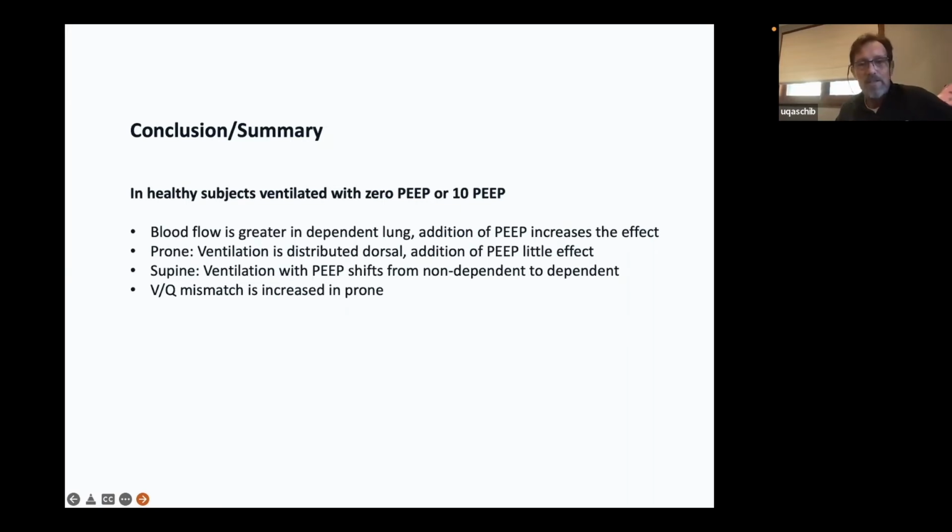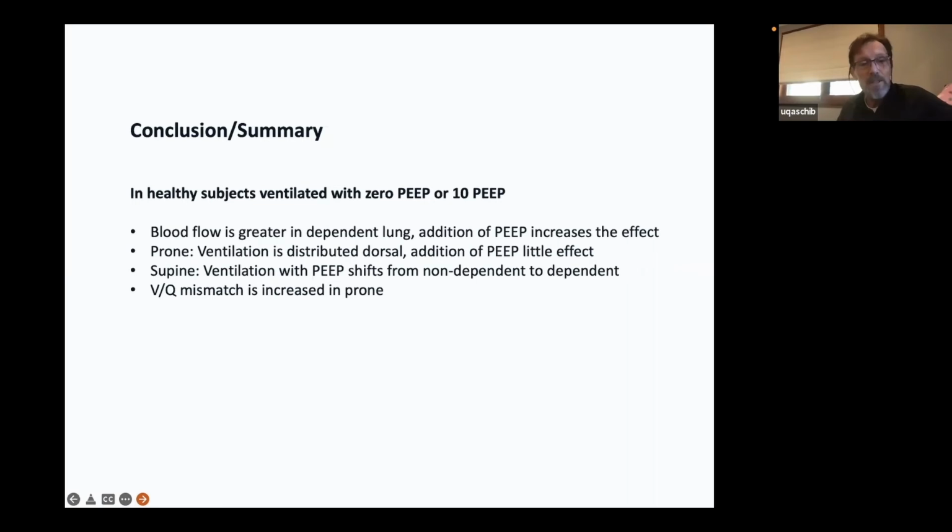Prone ventilation is distributed dorsal. When we have, again, the change in position, addition of PEEP doesn't make a big difference. So that's why we don't need as much PEEP in prone position. And in supine ventilation, PEEP shifts quite significantly because that's the diaphragmatic splint that we expect. So PEEP has a huge effect in supine position.